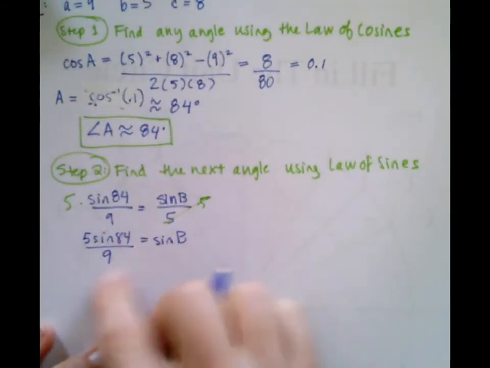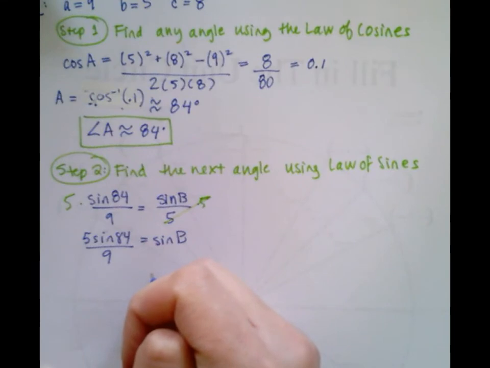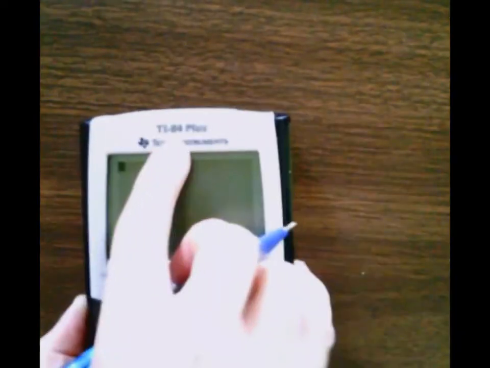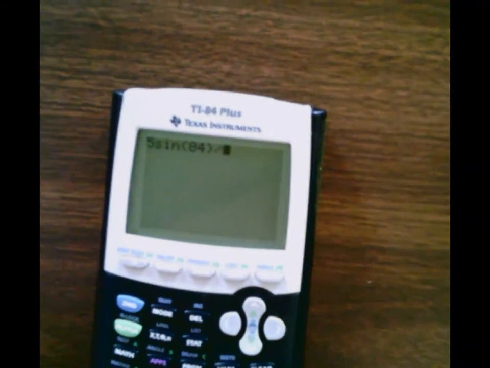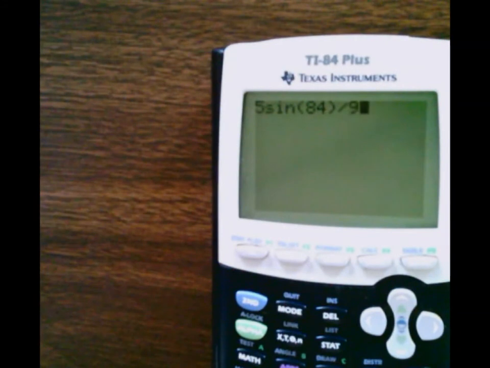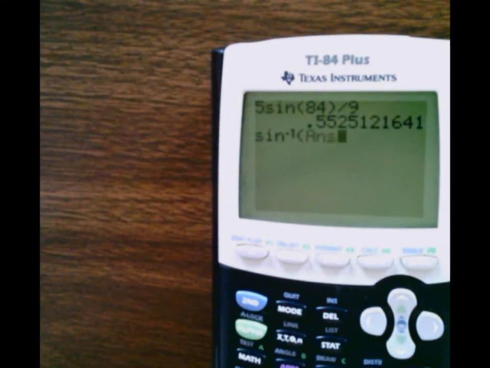Now this is what I'm putting into the calculator, and then taking inverse sine of that to get B. So just a demo. If I do 5 sine 84 divided by 9, I get 0.552 whatever. Now I'm going to do inverse sine of my answer, and it gives me 33.5.